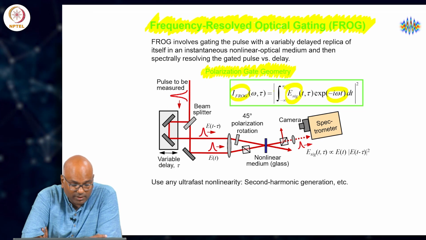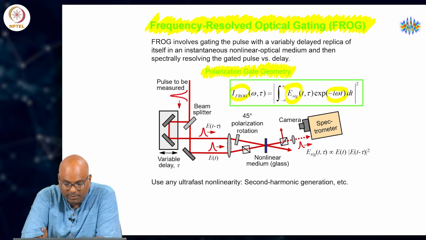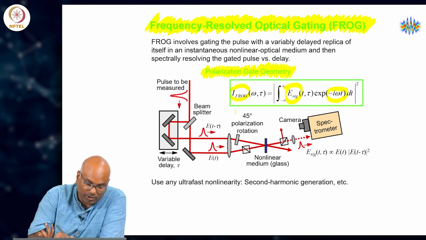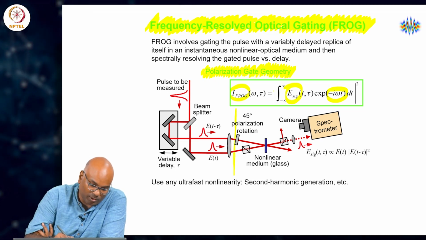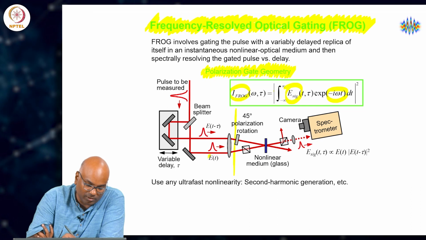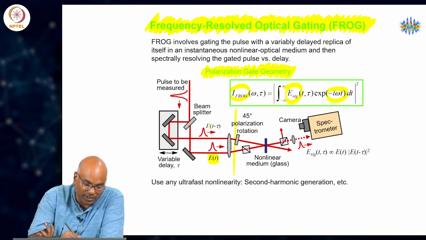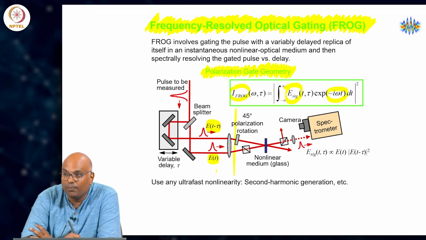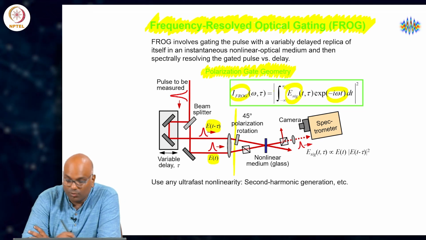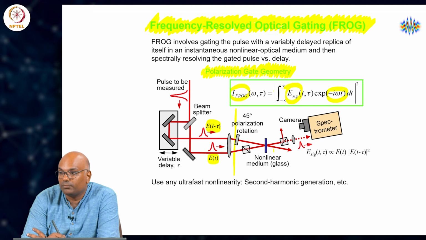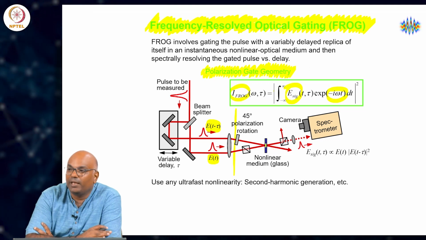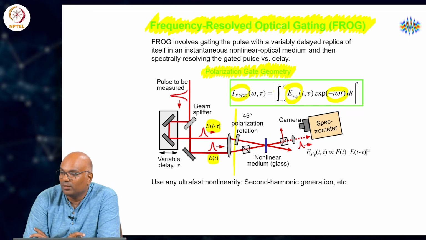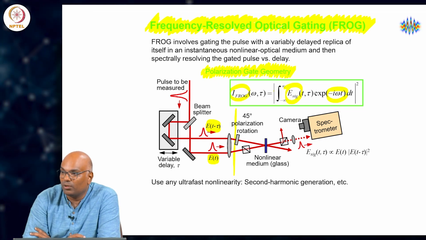The initial part of any of these implementations is just the same. Up to this point in the setup, all we have done is taken a pulse, the waveform E of t, and generated a faithful replica of it, E of t minus tau. We can take any of the earlier interferometric techniques other than the first order.